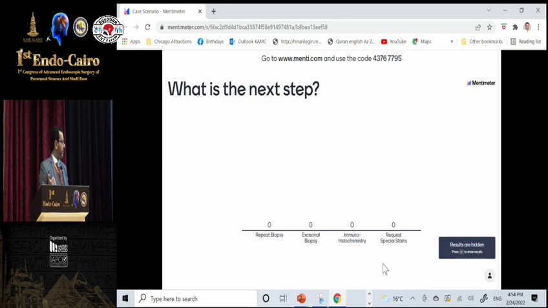Should we repeat the biopsy, do an excisional biopsy, immunohistochemistry, or request special stains? So I can see that one has already, just one, 6. Okay.